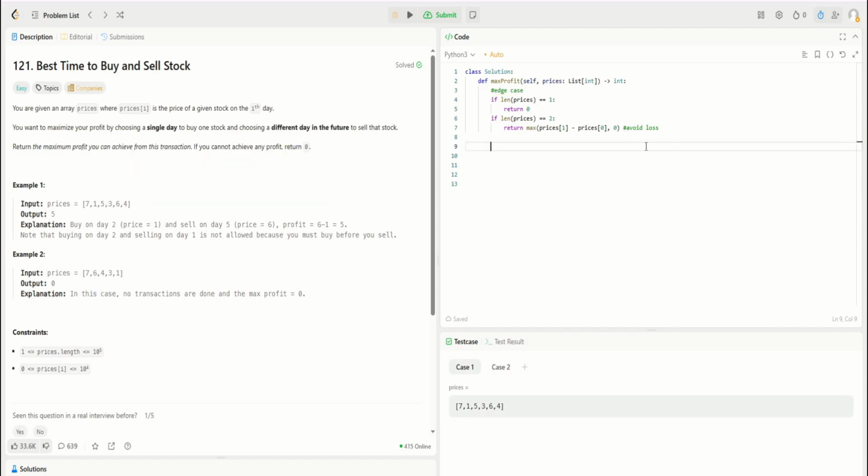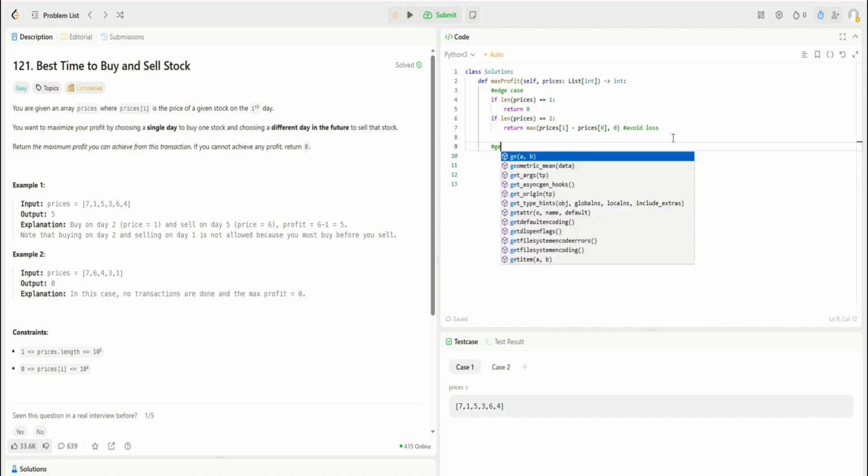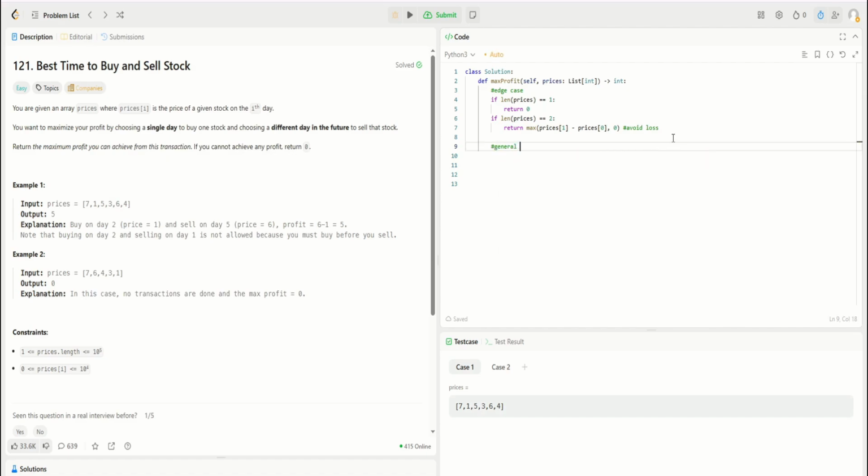Okay, so let's get started. General case. We need a list of all profits because we may need to record the profits at different choices.